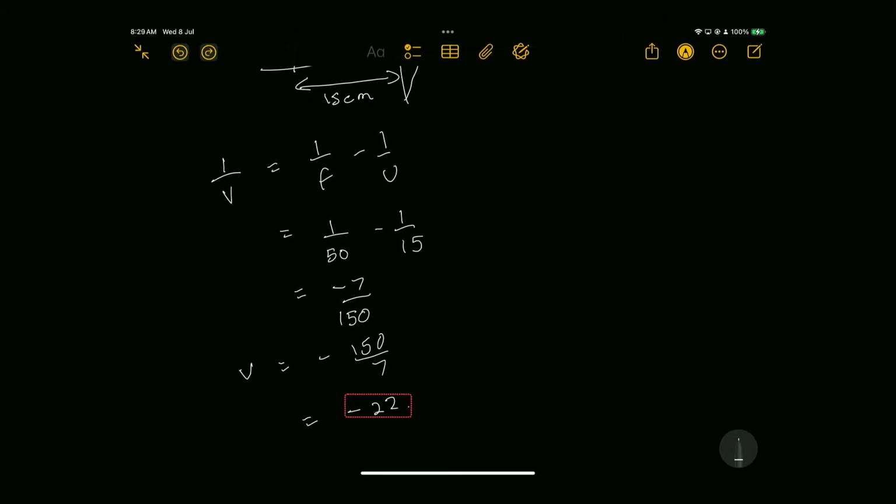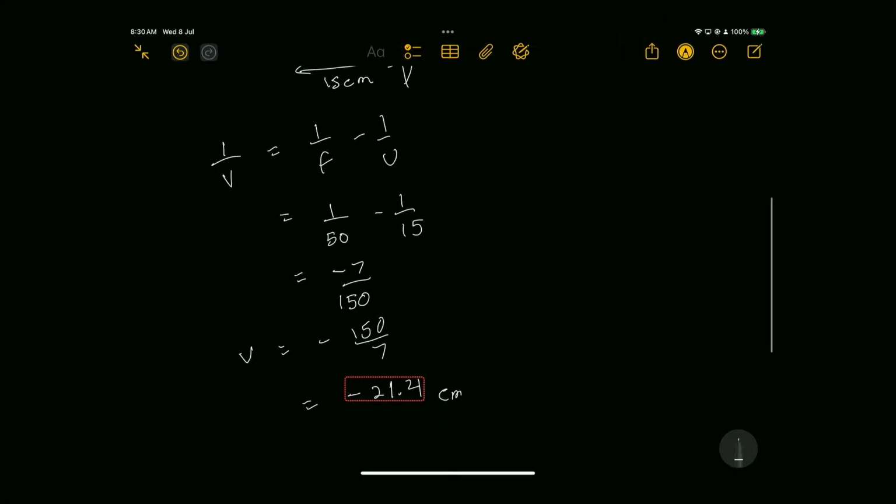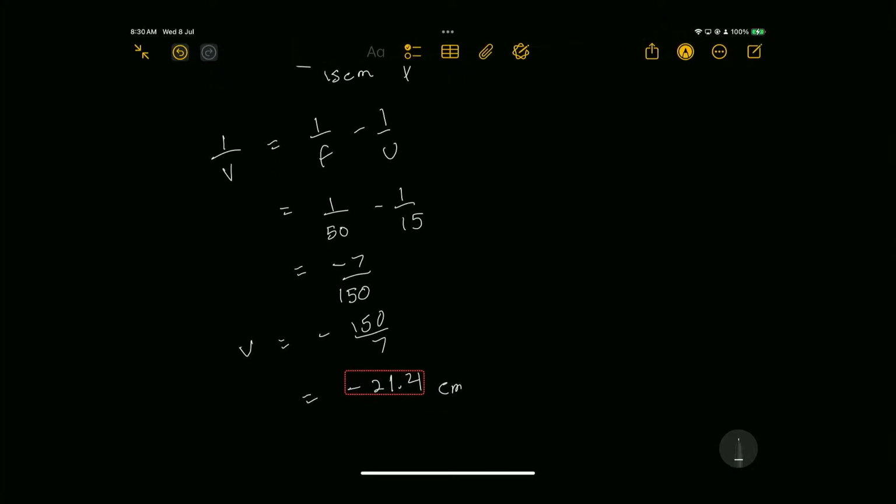So I have minus 21.4, not 22. 21.4, all right, yes. And the unit is centimeters, right? Because the focal length and the object distance were in centimeters. So now here we have a negative value for the image distance.